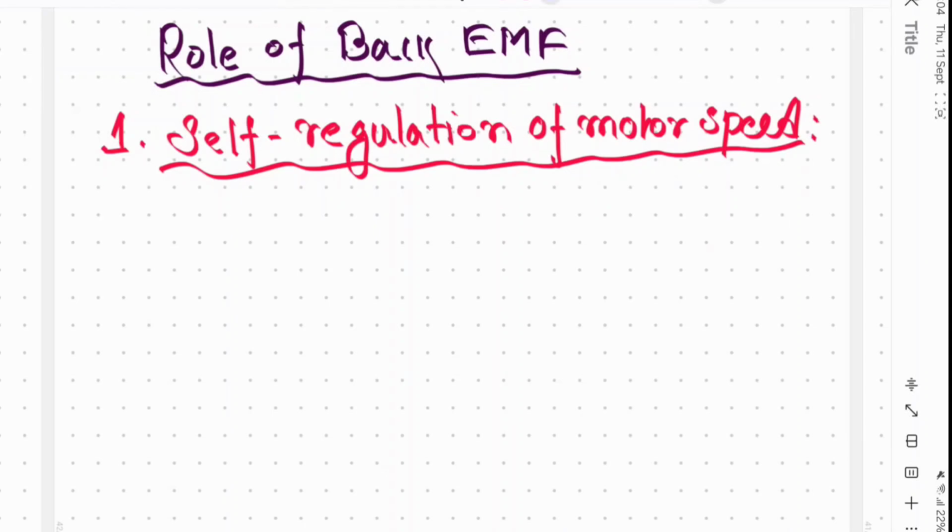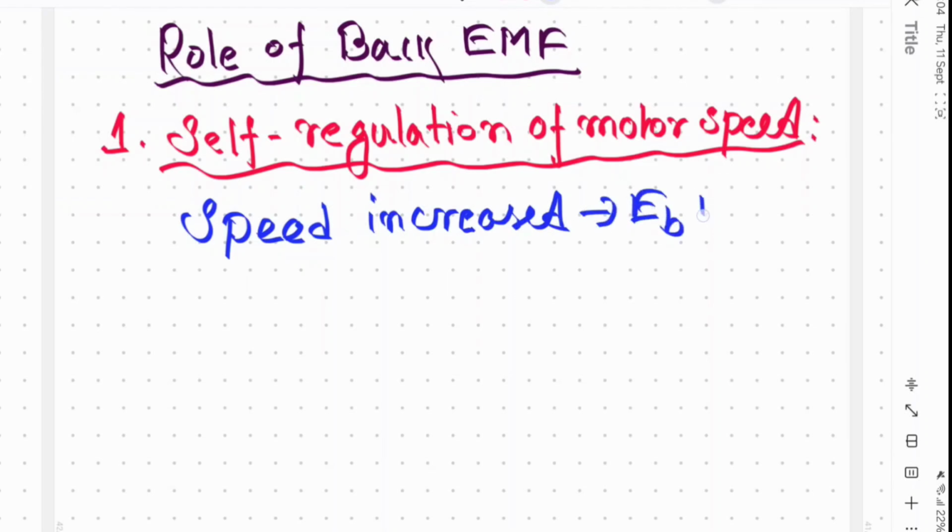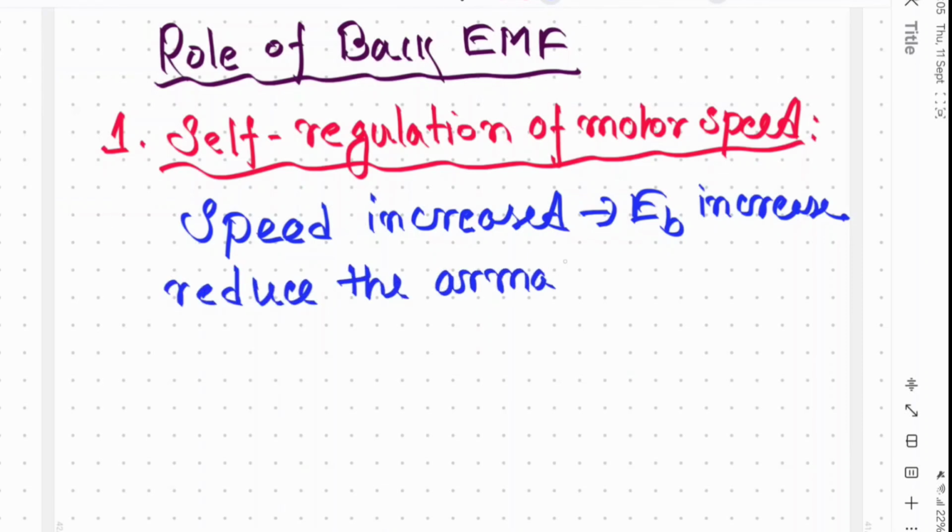Suppose the speed of the motor increased. So what will happen is that EB will increase. Because of that, the back EMF increase reduces the armature current. So the motor slows back down.